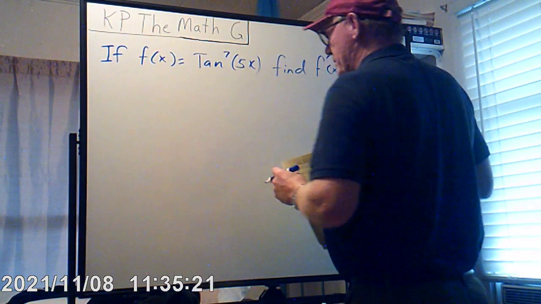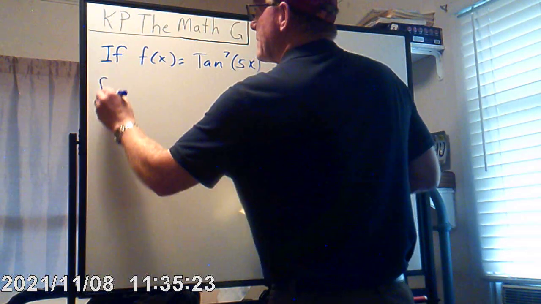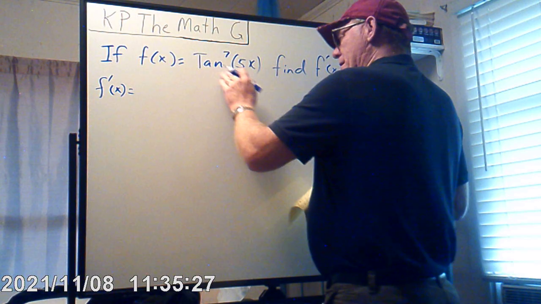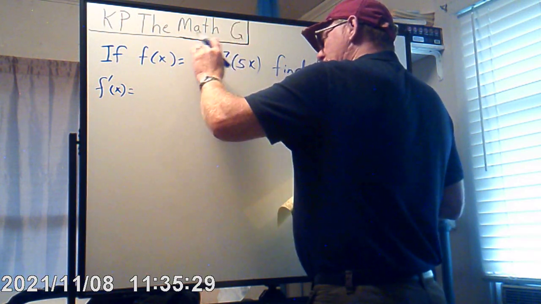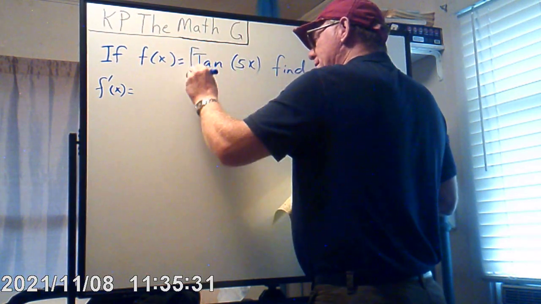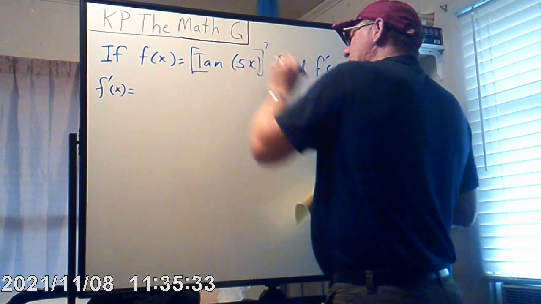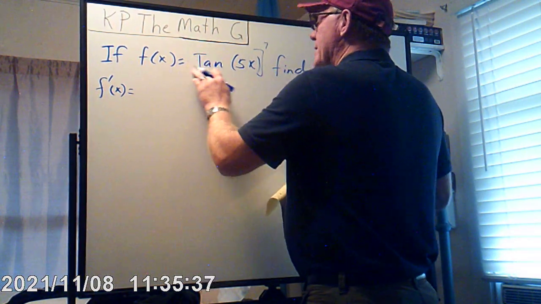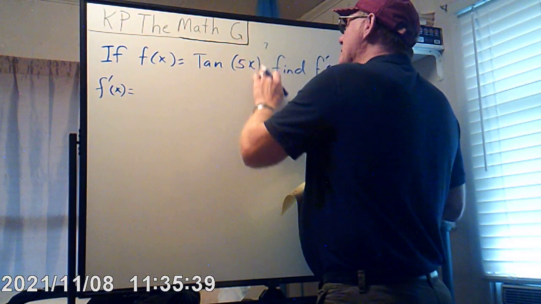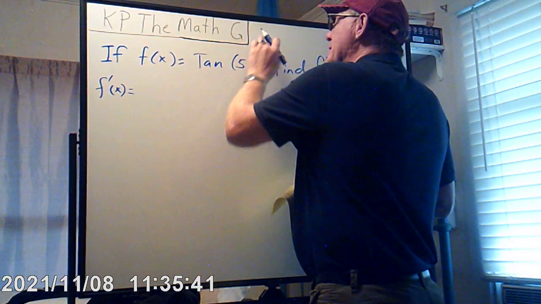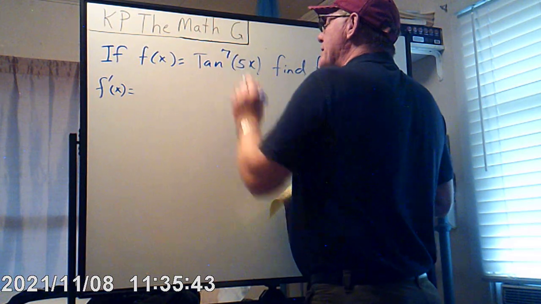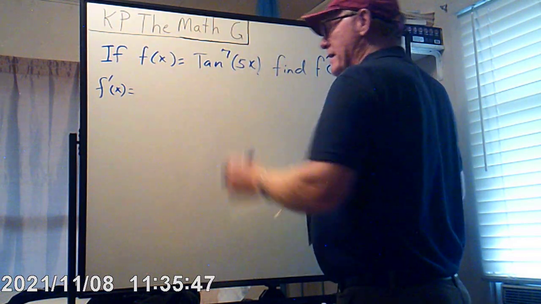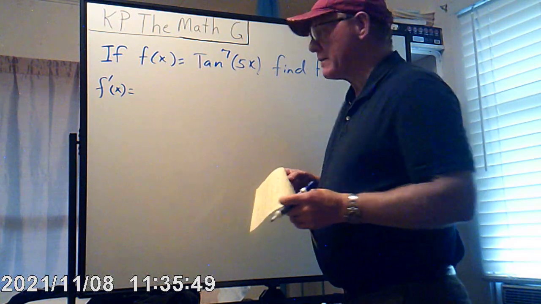Alright, so here we go. f prime at x equals. Now really, this is a 7. This may be understood. Keep that in mind. It's not going to be written like that most of the time. It's just going to have that 7 embedded right there. So understand that it's the same as what I just showed you.